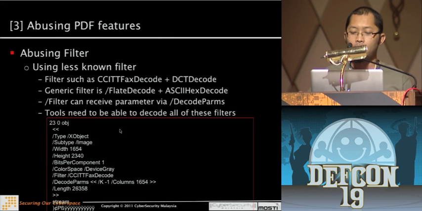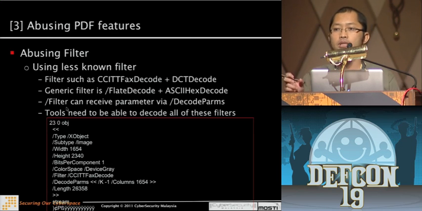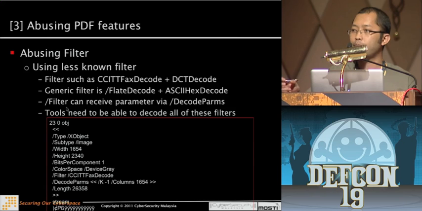JBIG2Decode. And this is also interesting, because if you look at the filter dictionary, it can accept a couple of parameters. So you can make your filter have some strict parameters, so that if you try to decompress without passing these parameters, your decompression will fail.